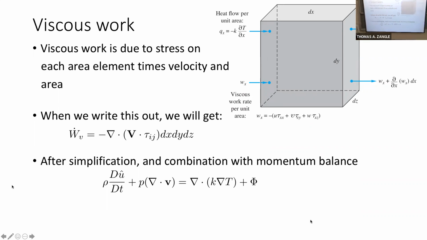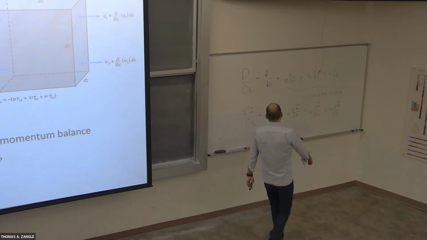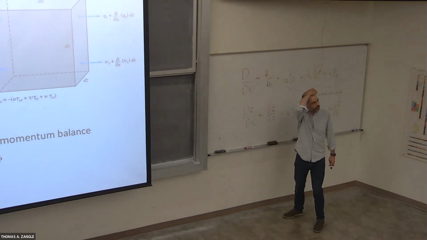So if we look at the convective derivative in the momentum balance, we have the convective derivative of vector velocity, in the vector momentum balance.